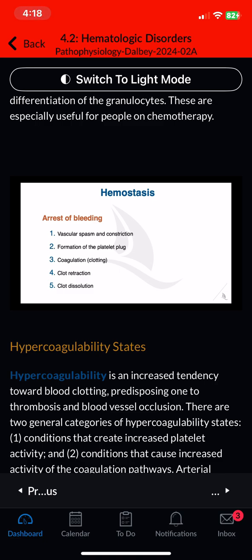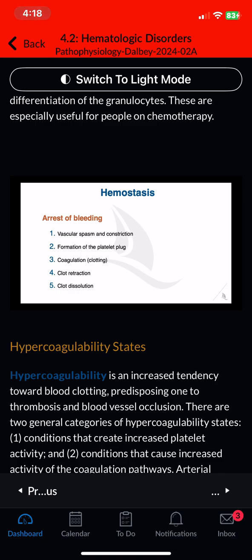Our third step is coagulation, or the development of a clot that is triggered by insoluble fibrin, and it forms a network of mesh that holds more platelets together. So it almost looks like a spider web that the platelets get caught in.